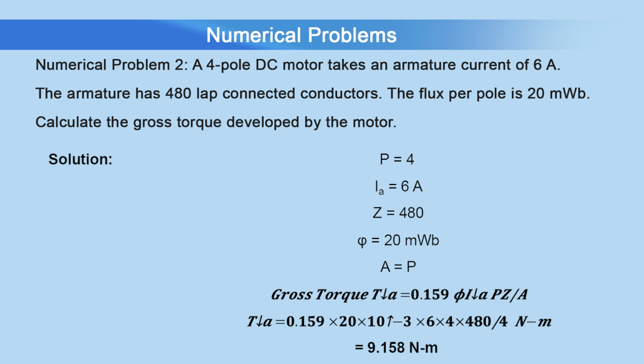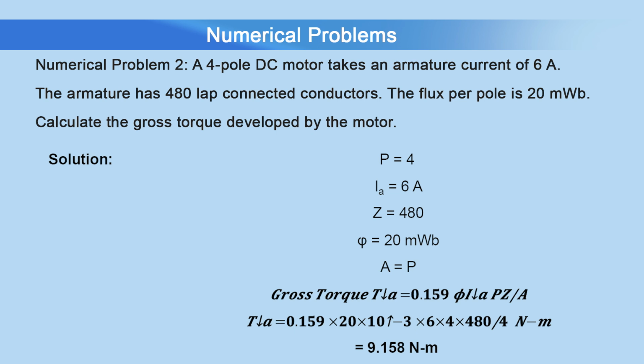Lap winding is also given, so the number of parallel paths A is equal to P. As we have derived, the gross torque Ta is equal to 0.159 into phi into Ia into PZ upon A.